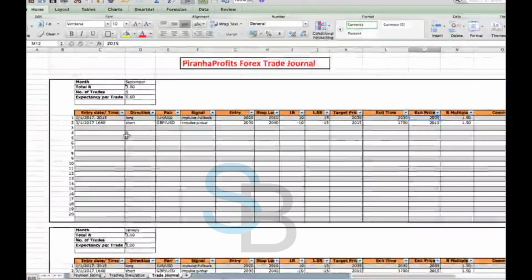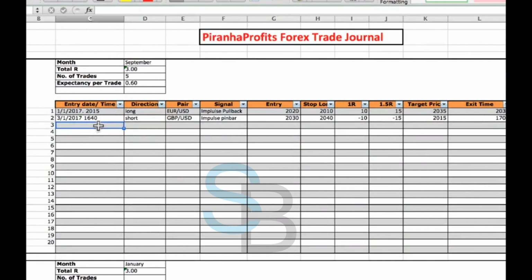So let me give you an example of a loss. So say the next trade is, I don't know, 4th of January 2017. You entered at 3 p.m. and you went long on Aussie dollar. Impulse pullback.